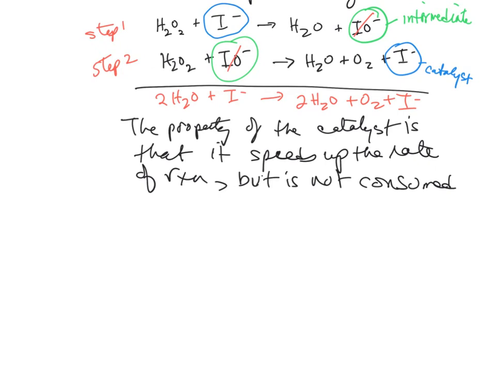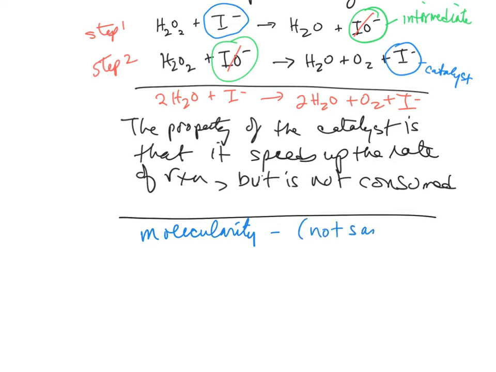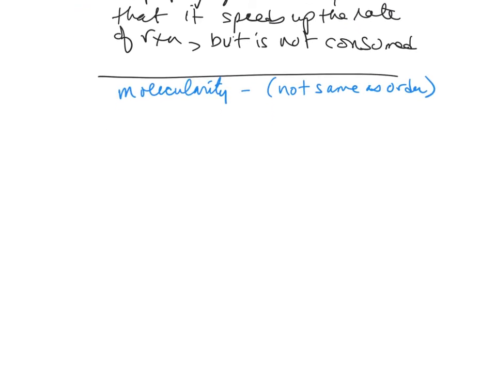Alrighty, now when we look at each one of those elementary reactions, oftentimes we describe it in terms of molecularity, and it's a number, 1, 2, 3. Molecularity is not the same as the order. It's just a way to describe steps in the mechanism.